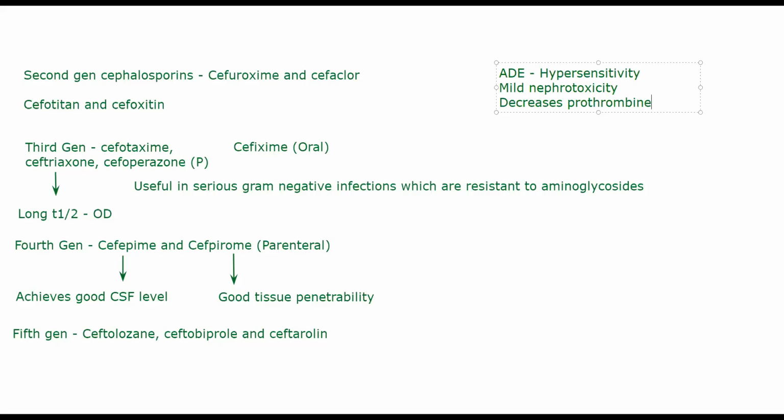Okay, it'll cause diarrhea, and it can decrease WBC count. It is seen in some patients that WBC count will decrease. It can also cause pain at the site of injection. Wherever you are injecting, it can lead to pain, sometimes thrombophlebitis as well. Okay, swelling of that particular blood vessel wherever you are giving it.